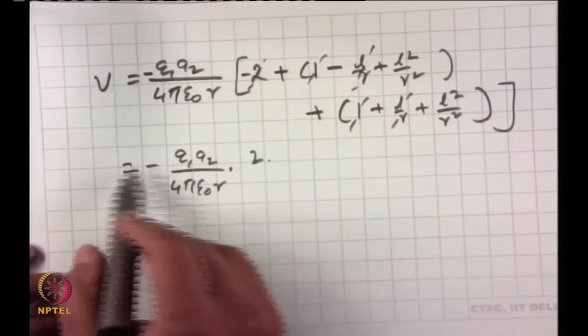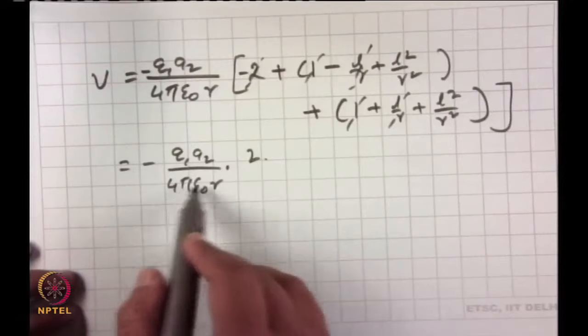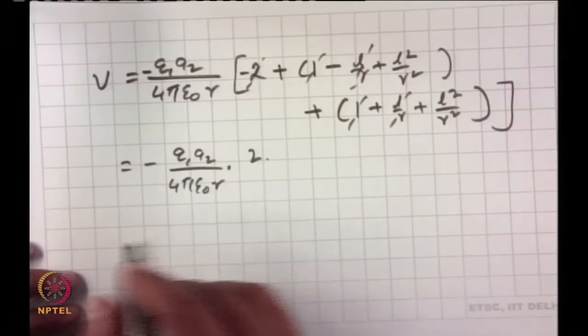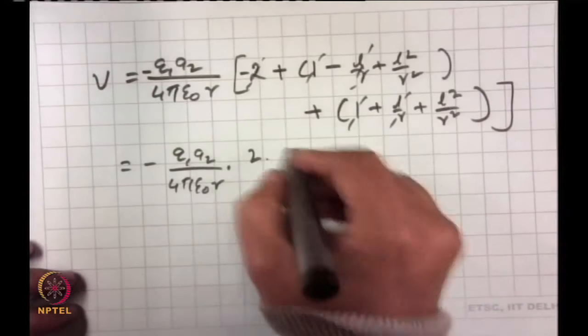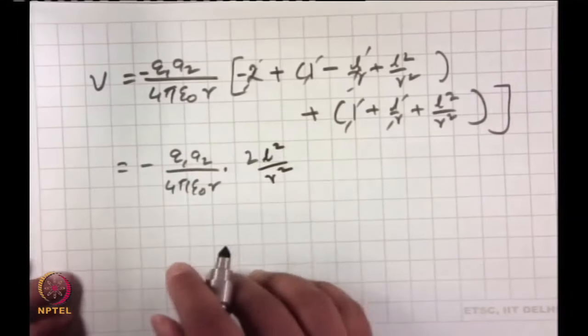So, what you are left with is V is equal to minus q1 q2 by 4 pi epsilon 0 r times 2 L square over r square.